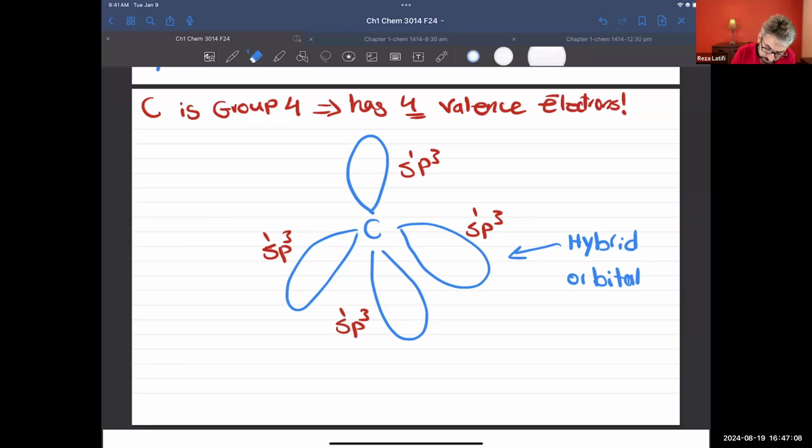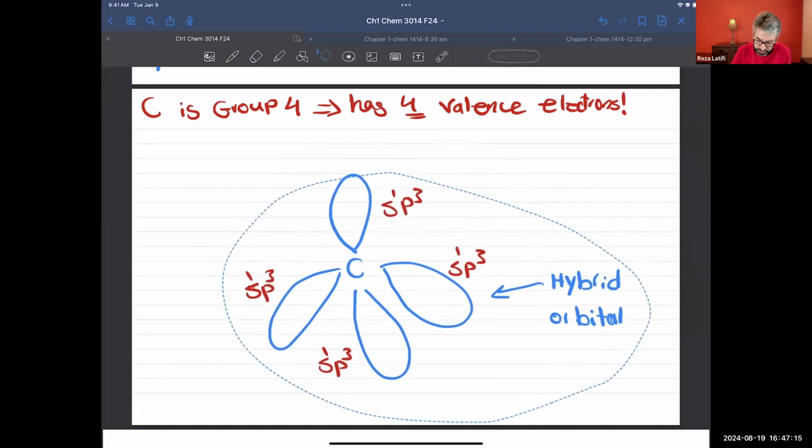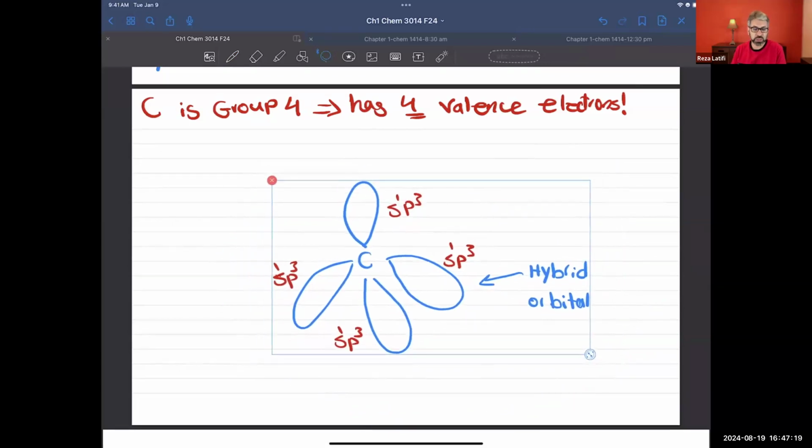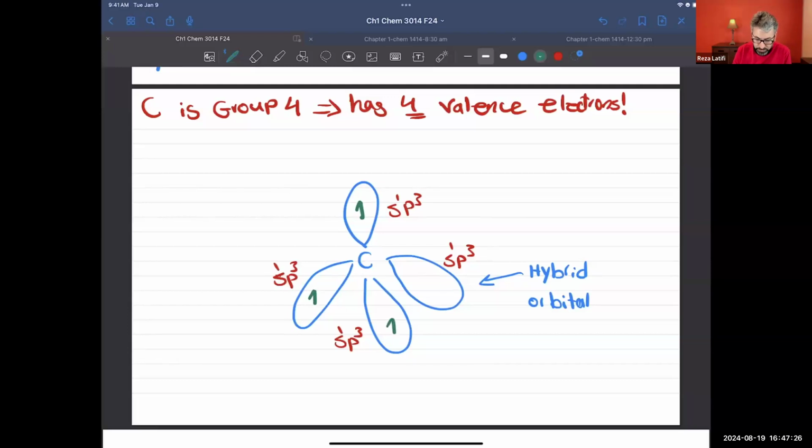So let's show the valence electrons on carbon. You're going to put 1 electron in each orbital. Now, the bond angle between these hybrid orbitals is around 109.5 degrees. So now I got the answer, technically, why the bond angle is 109. I answered 1 question.